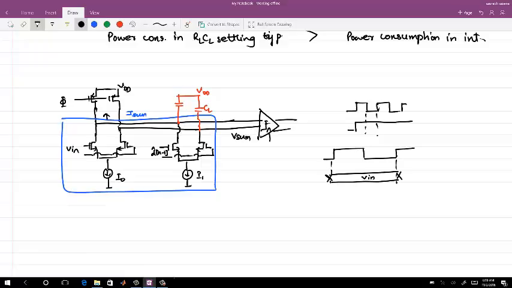V in data is valid for 1 bit period, and I am integrating the difference for 1 bit period. Let's say the differential voltage is something like this, because differentially, to begin with, it was 0. So this is the V sum node.